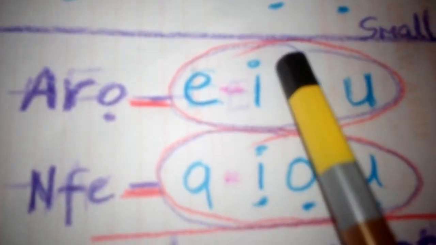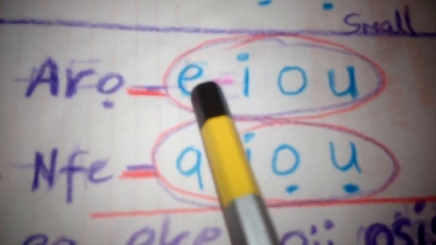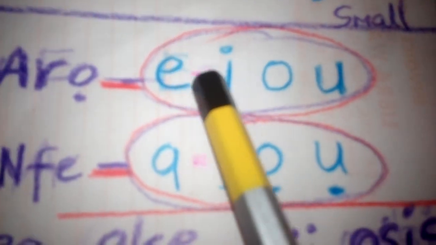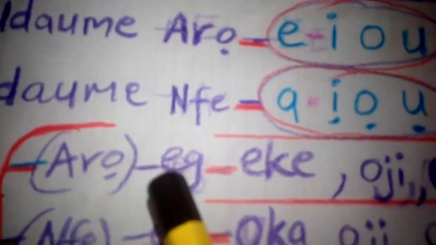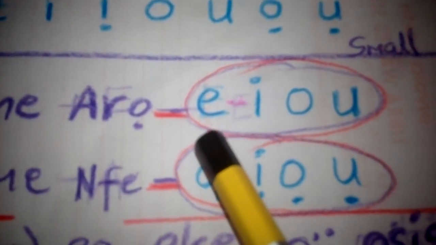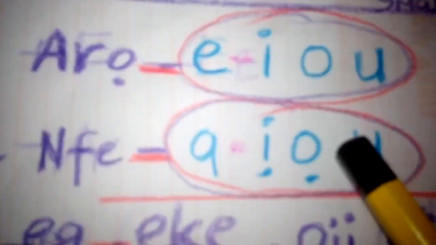So they don't mix the vowels in the words. In a particular word they use a particular group. Okay, so in a particular word they use these two groups. Let me show you an example, and that is what we call vowel harmony.